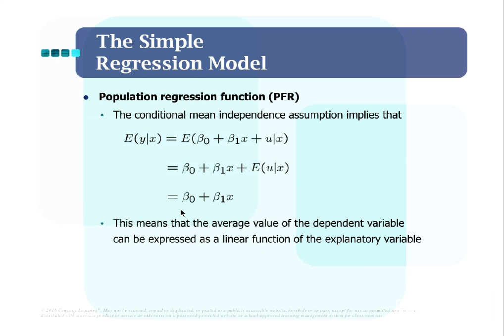On the other hand, the conditional mean independence assumption also implies that the conditional expectation of y equals beta 0 plus beta 1 times x.